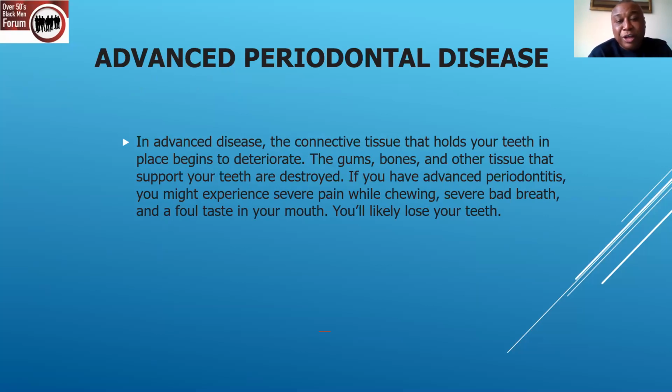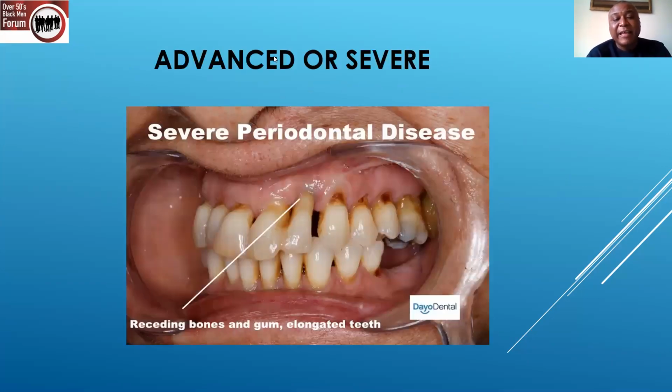And then you move into the advanced stage, where you've lost a lot of the supporting tissue: the gum, the bone, and the ligaments have been destroyed. Next slide, please. And it makes eating very difficult.